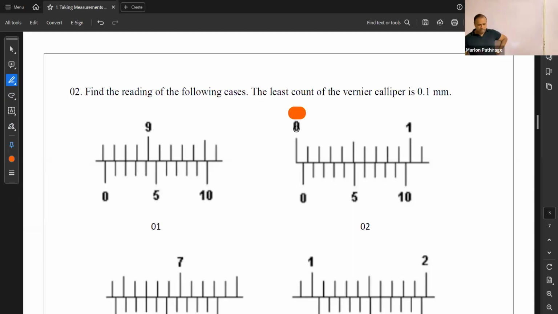Now this way, this is the zeroth line. This is zeroth mark. This is the first mark. So in between 0 and 1, there are 10 divisions: 1, 2, 3, 4, 5, 6, 7, 8, 9, 10. That means there are 10 equal divisions within two consecutive marks in the main scale.